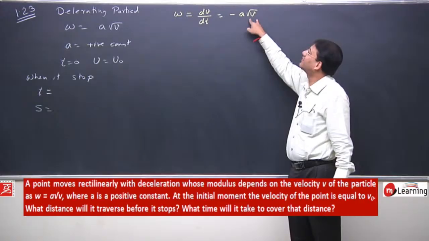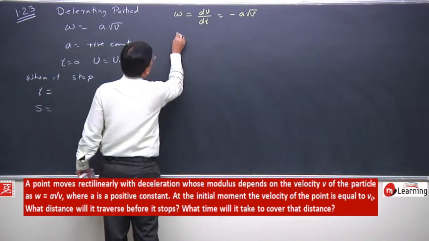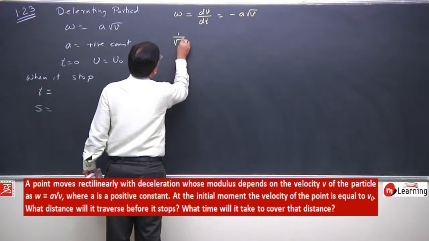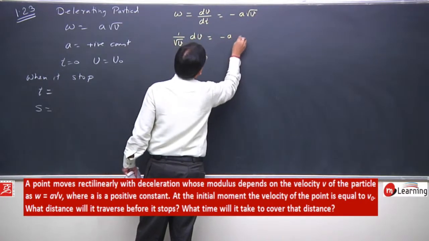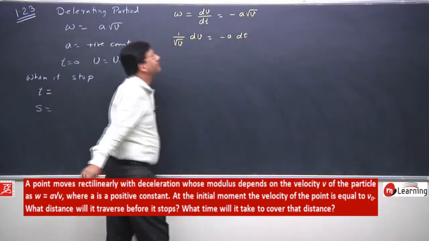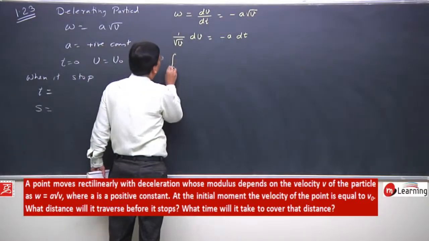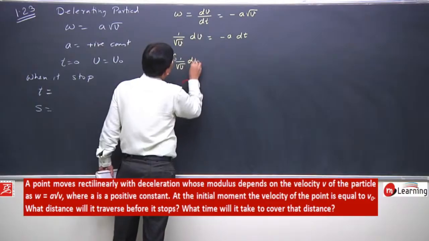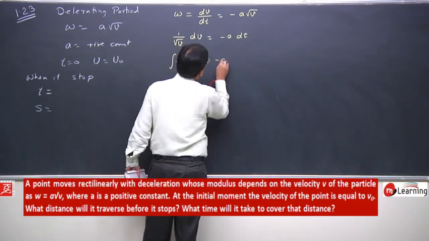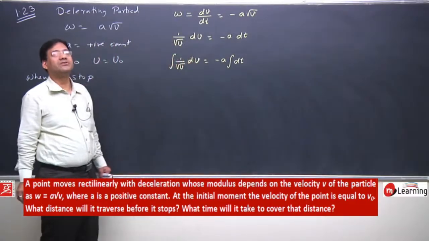Now, in order to solve this differential equation, let me rearrange: 1 by root v dv is equal to minus a dt. I integrate it on both the sides: integral of 1 by root v dv is equal to minus a integral of dt.